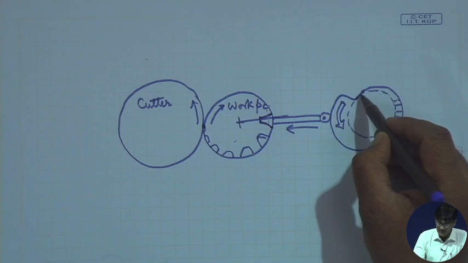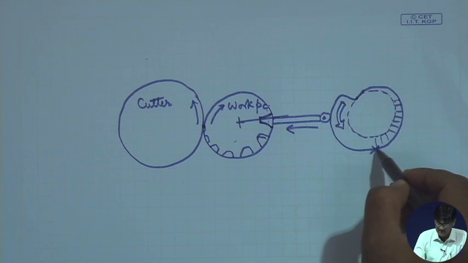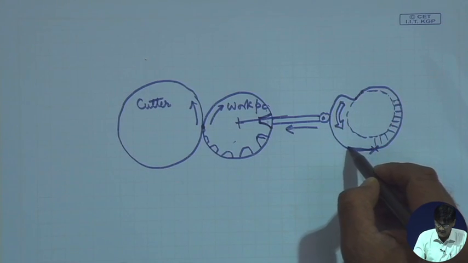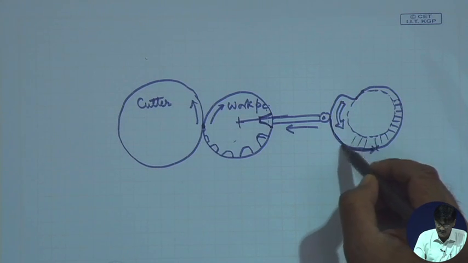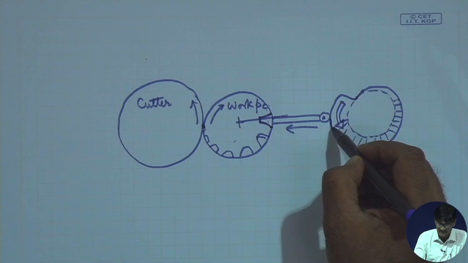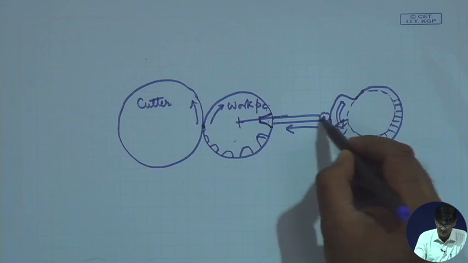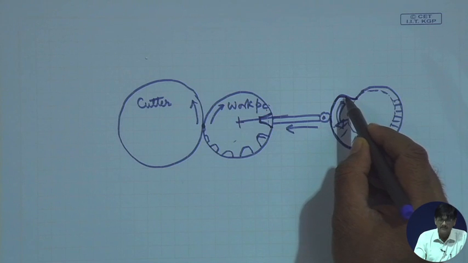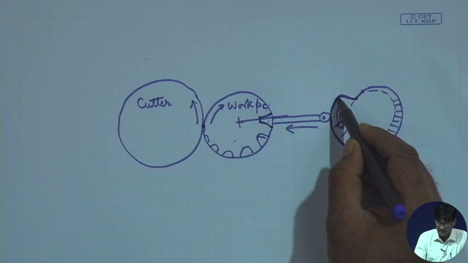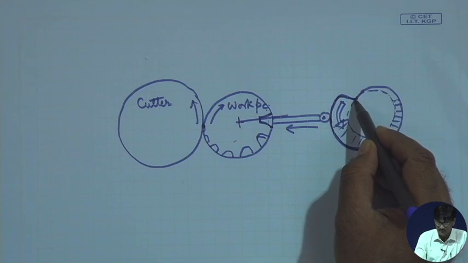So, this one may be an Archimedean spiral up till this point, and after that it can have a dwell period. Dwell period means that the radius does not increase after that, okay? And when it is ensured that the full number of teeth have been cut, after the end of that there will be a rapid fall, okay?